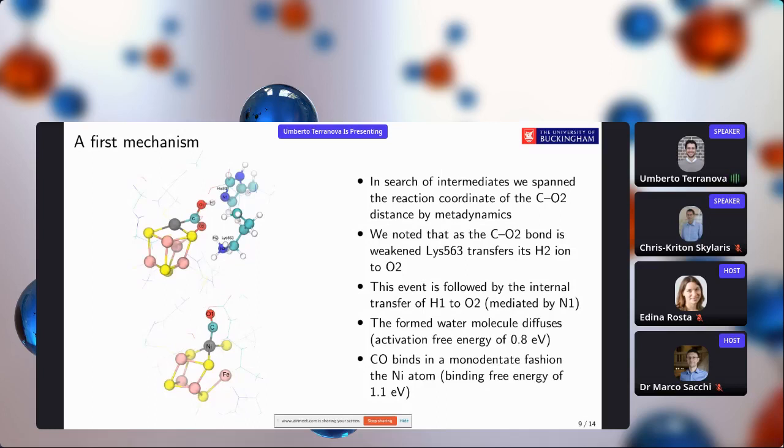So there is the formation of one water molecule, and the structure is one where the CO binds in a monodentate fashion to the nickel atom.